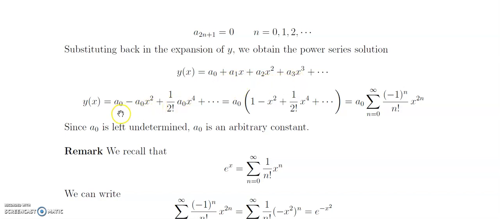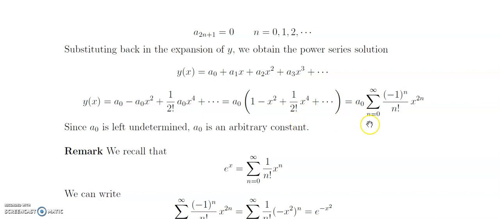All we get is a0 minus a0 times x squared, because a2 is negative a0, plus 1 over 2 factorial times x to the 4th, because a4 is 1 over 2 factorial times a0, plus dot dot dot. Factor a sub 0, we get a0 times parenthesis 1 minus x squared plus 1 over 2 factorial times x to the 4th plus dot dot dot.